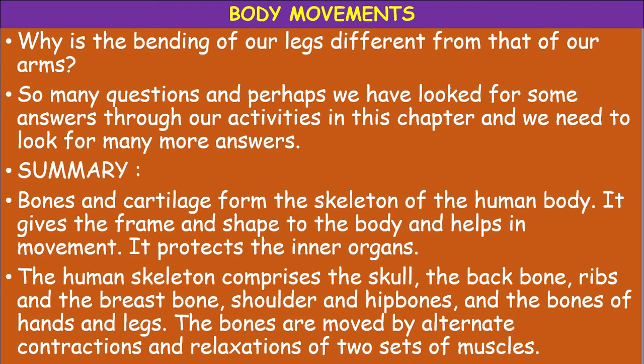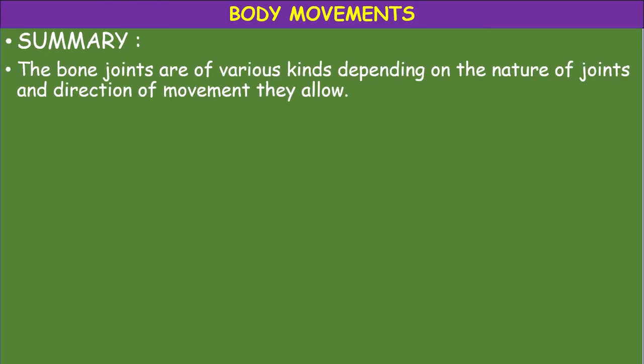The bones are moved by alternate contractions and relaxations of two sets of muscles. Muscles work in pairs. What is the principle of working of muscles? Contraction and relaxation. So the skeleton consists of bones, but we are able to move. The movement is due to the muscles attached to the bones. Next, there are bone joints of various kinds, depending on the nature of the joints and the direction of movement they allow.